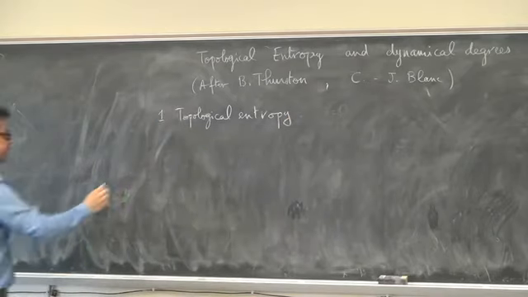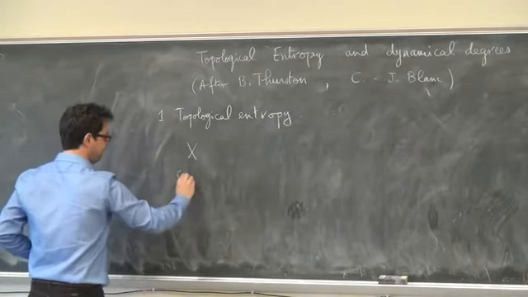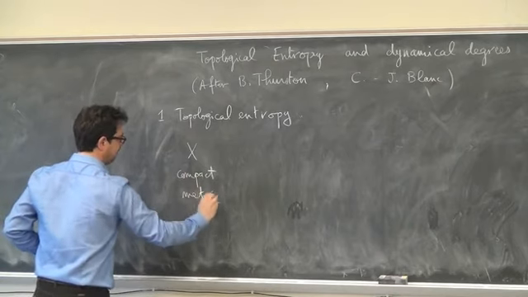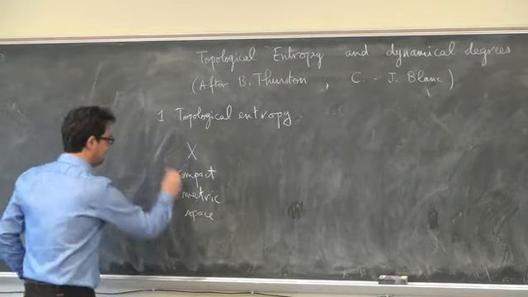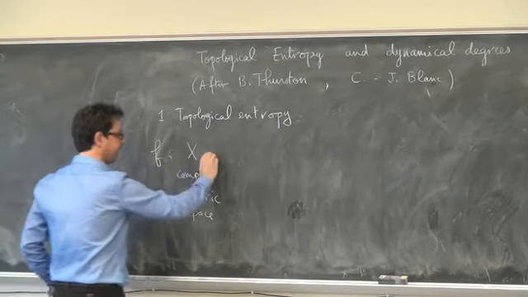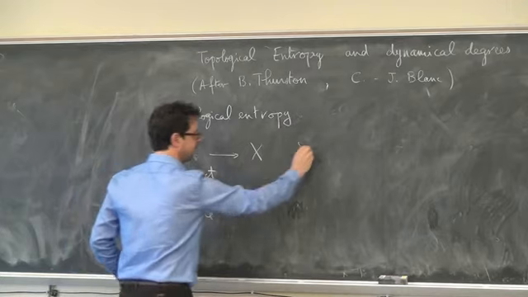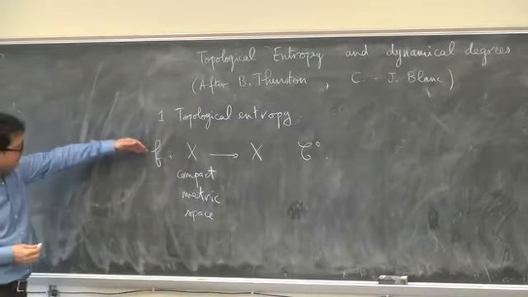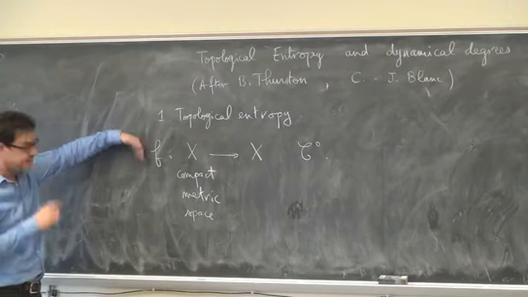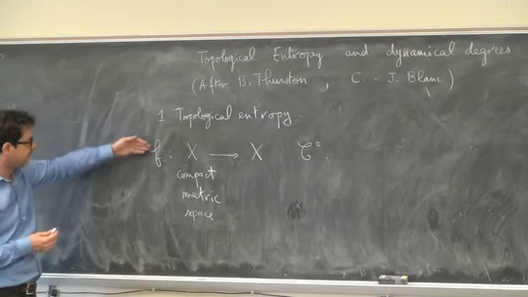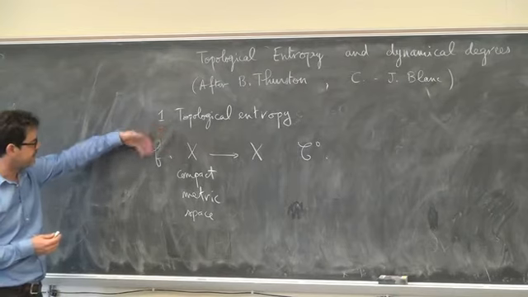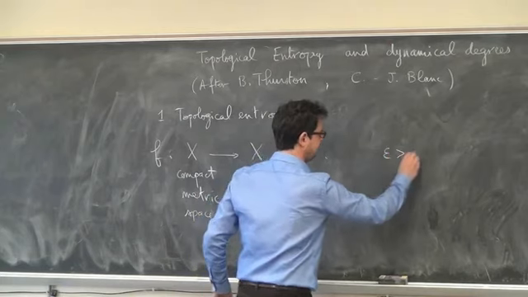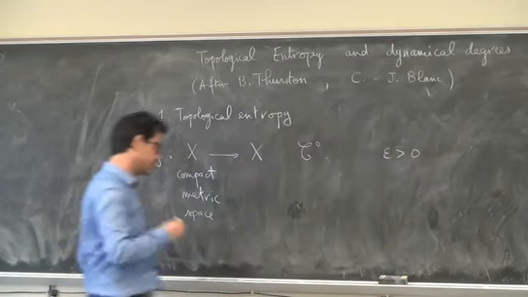Okay, and the definition: you start with a compact metric space X, and then consider a transformation f from X to X, which is continuous. Then you look at the dynamics, which is given by the iteration of f, and you want to count the number of orbits that you see when you observe the dynamics. So you fix epsilon, a real number.